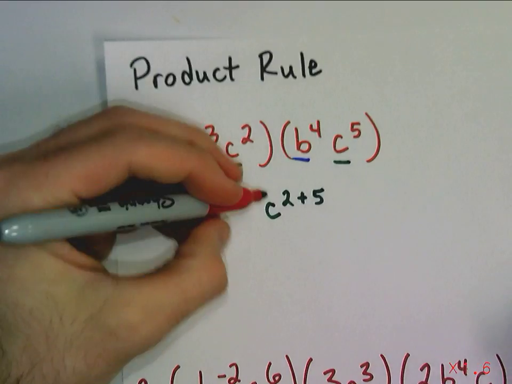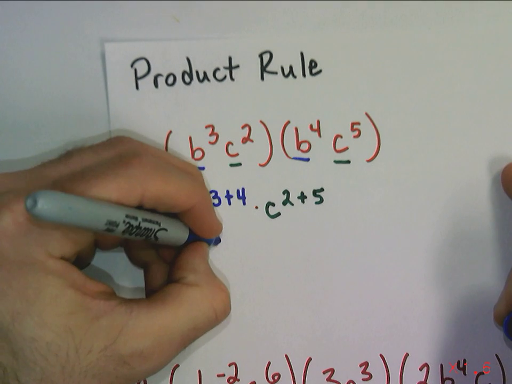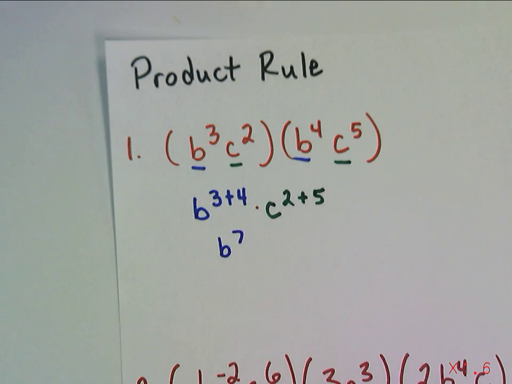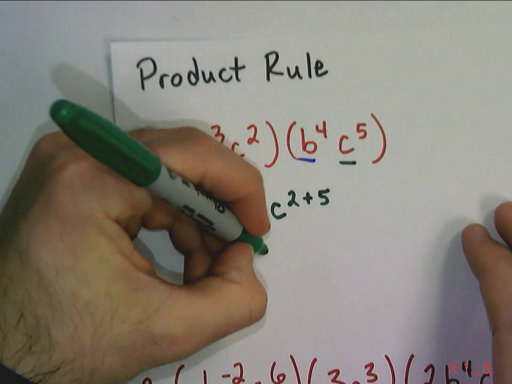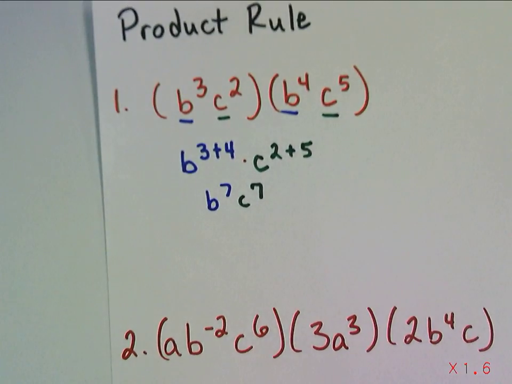I'm just going to signify some multiplication in between here. Then we add those exponents, so I'd have b to the 7th times c to the 7th. I can't go any further than that, so that'll be my final answer on that one.